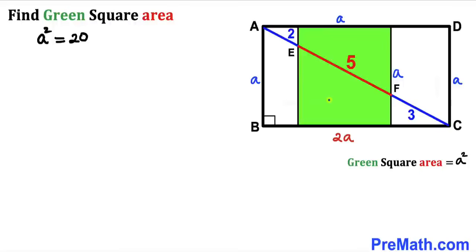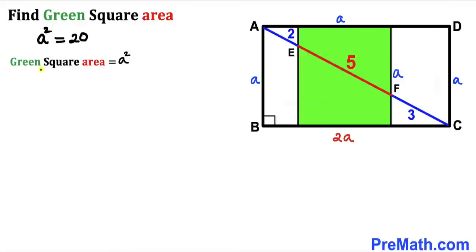And here's our final step. Now we are going to calculate the area of this green shaded square. We know that the green square area is equal to a squared, and our a squared value is 20.